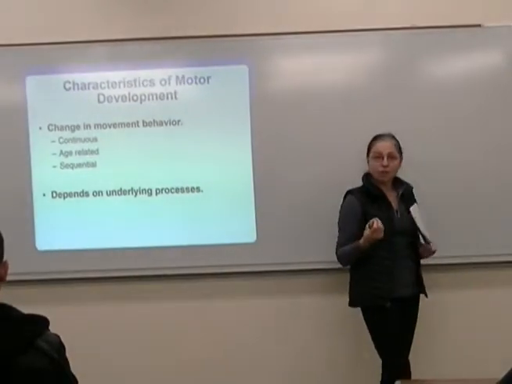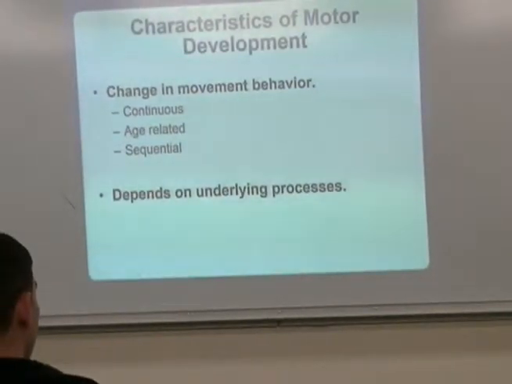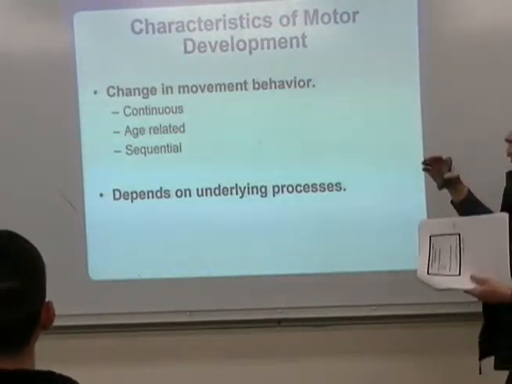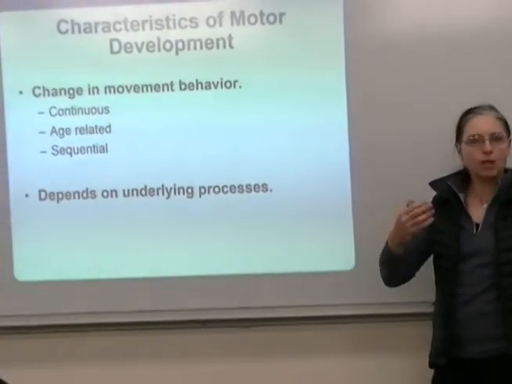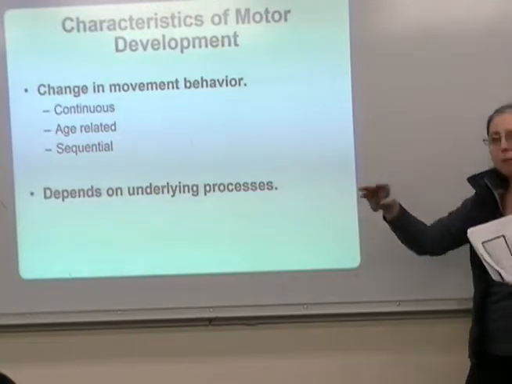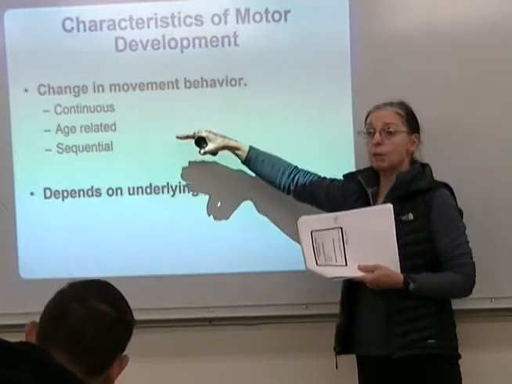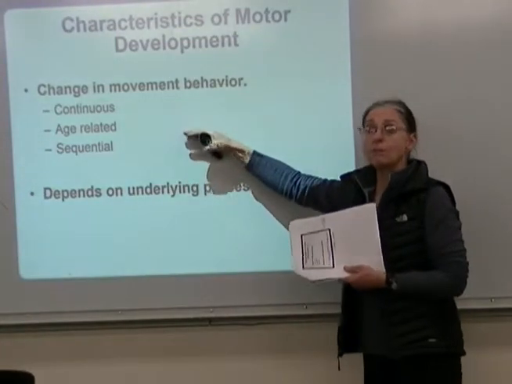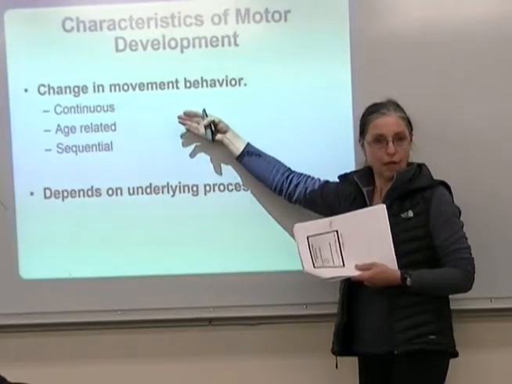Changes in motor skills are age-related, but not necessarily age-dependent. So in lab earlier, we were talking about stages of throwing or running, and we expect someone of a certain age to be working at a certain level, but they might not. Right? Physiologically, they may be ready to work at a certain level, but they may not have the experience necessary to show that movement.